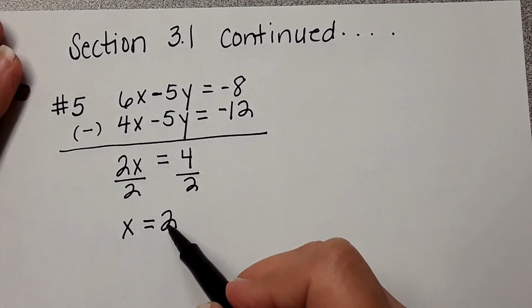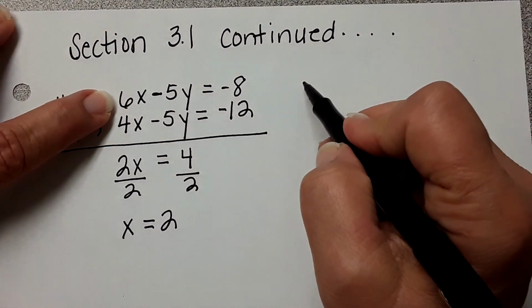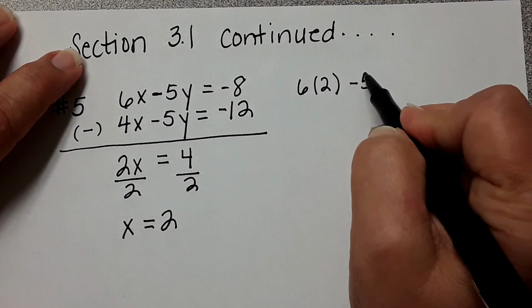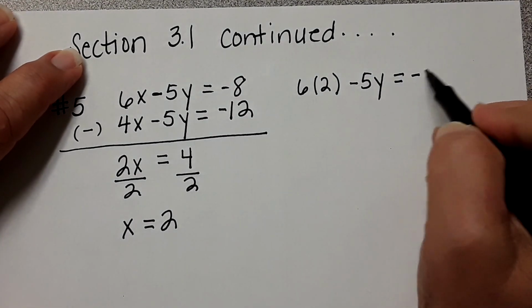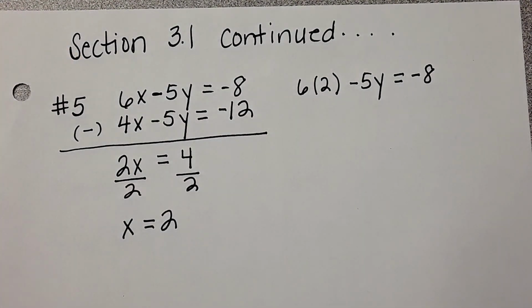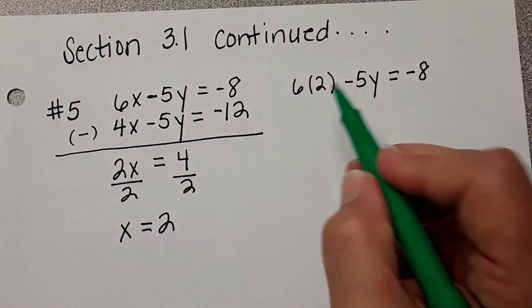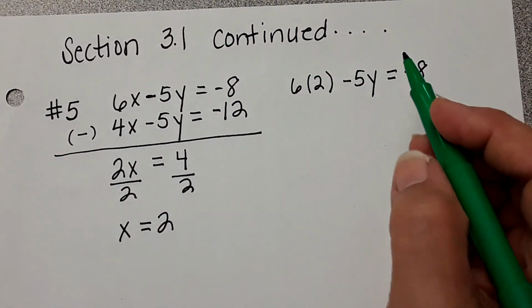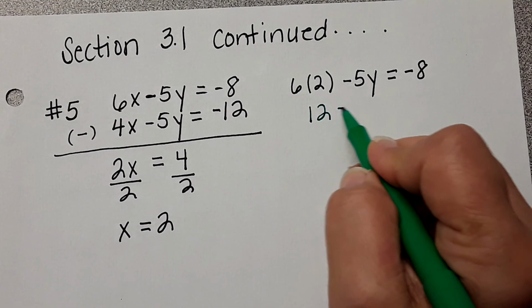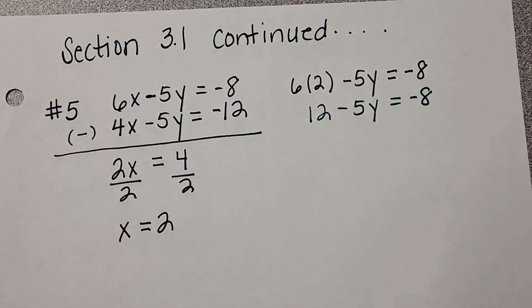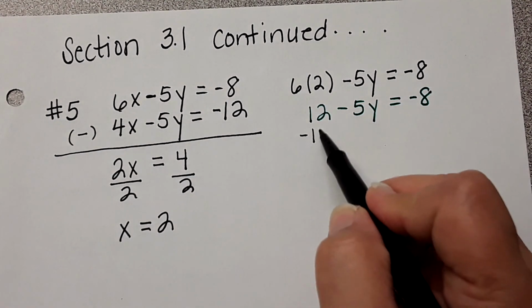I'm going to replace x with 2. So I'm going to write 6, and instead of x, I'm going to write 2, minus 5y equals -8. Six times 2 is 12, minus 5y equals -8. Now I'm going to subtract 12 from both sides.